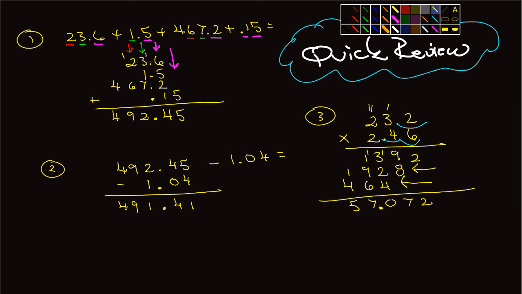So there's your answer, 57.072. So that's multiplying with decimals. You could just go ahead and multiply it like you normally would, and then account for the decimals. Just make sure each line that you drop down, you're also moving in 1. All right.